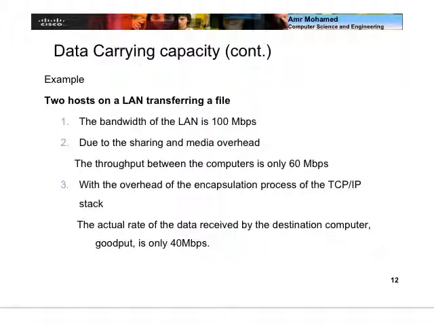Which means that the overhead of the different protocols in the different layers may get as much as 50% in some cases. Okay? So any questions? This is the difference between the theoretical bandwidth, throughput, and goodput.